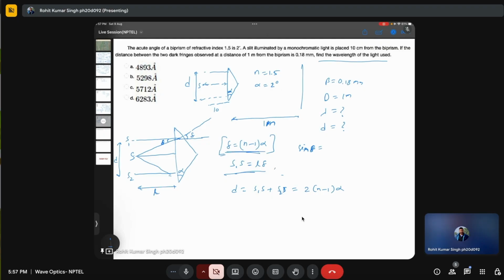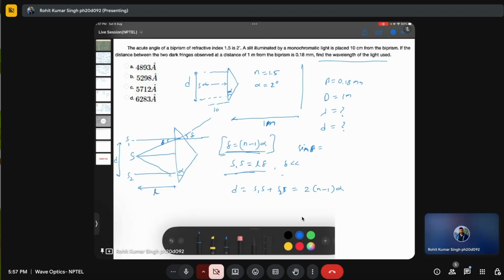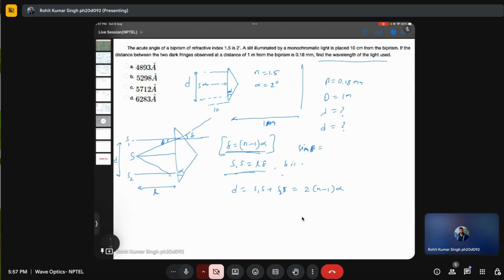Here we are considering this deviation very small, so that sine delta is equal to delta, or equal to tan delta.